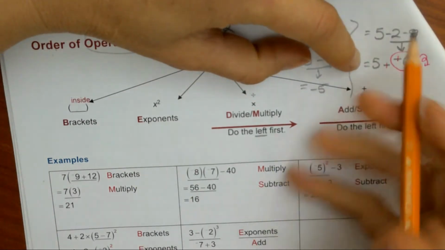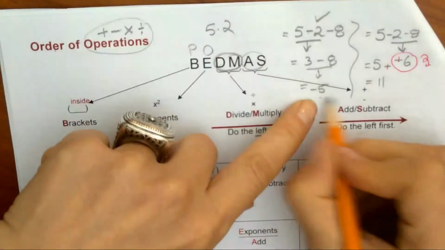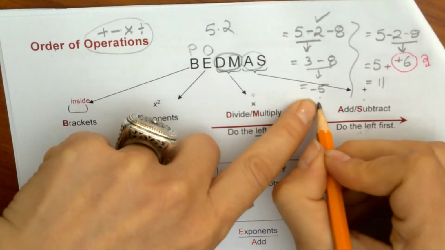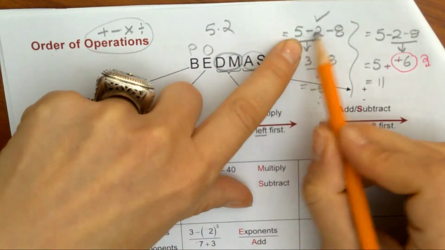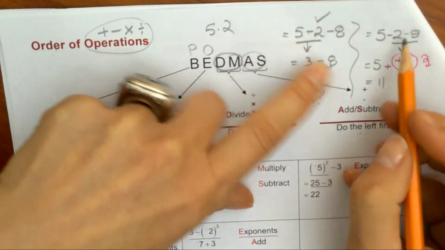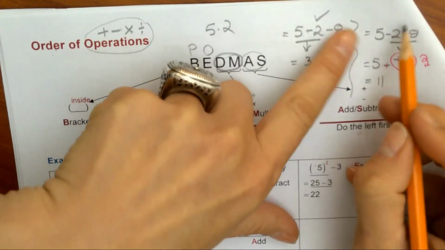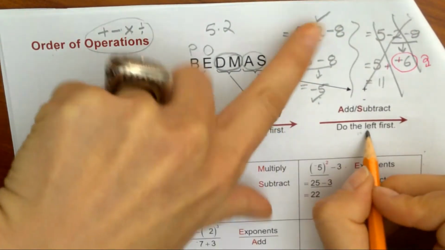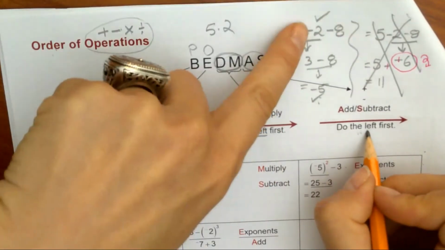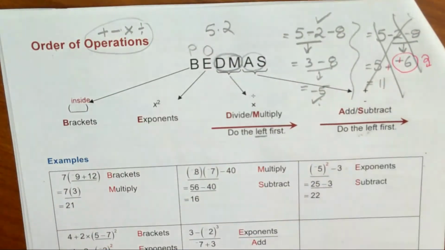So 5 plus 6 equals 11, and you can see they're not the same. So if I do the left one first, I get the correct answer, and if I don't do the left one first, I get the wrong answer. So this is wrong. You must always do the one on the left first if you have a choice between 2. So let's do some examples.